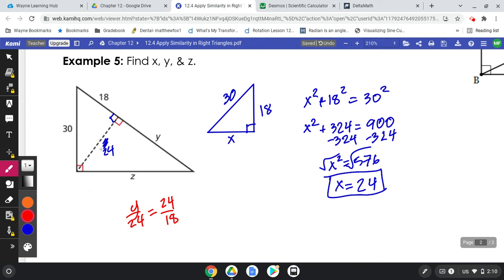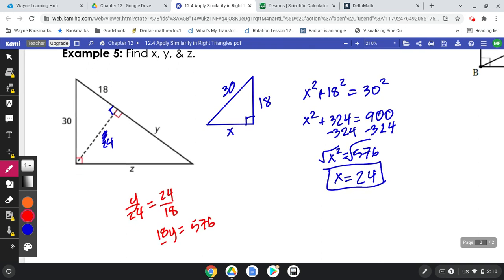If we rotate that, it matches up with 24 and 18. Cross multiply, we'll get 18y equals 576. Divide by 18. Y equals 32. And now, if we know that's 32, that means this whole thing, 18 plus 32, that whole thing is going to be 50.